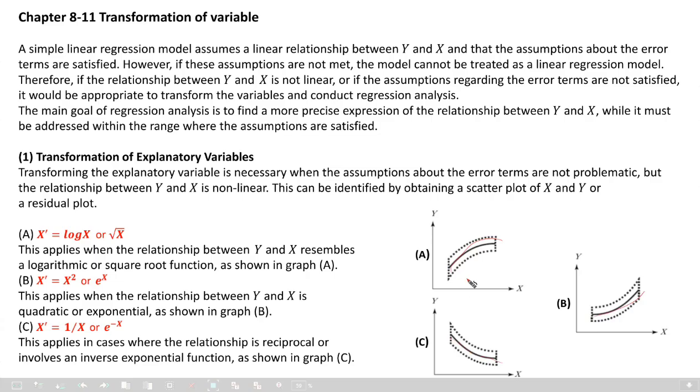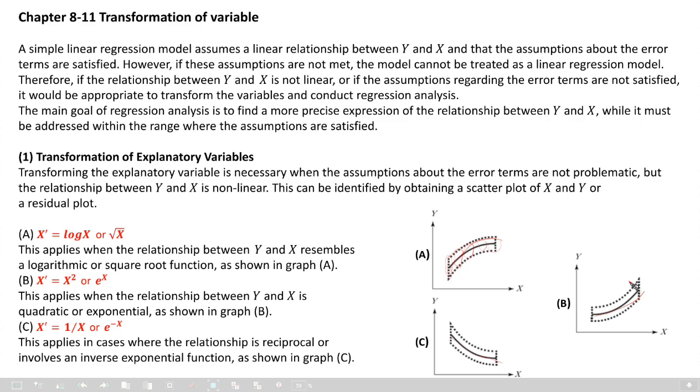But this shows a consistent range of x and y. In this range, the data x and y are plotted. So you need to check the scatter plot of x and y first before linear regression analysis, okay?